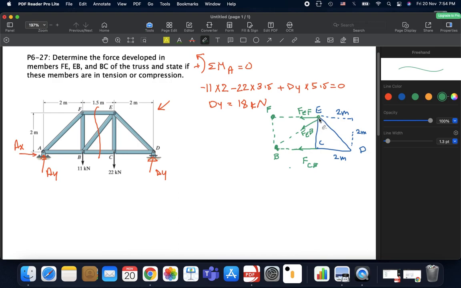So all these joints now are known: B, F, E, C, D, and that's it.